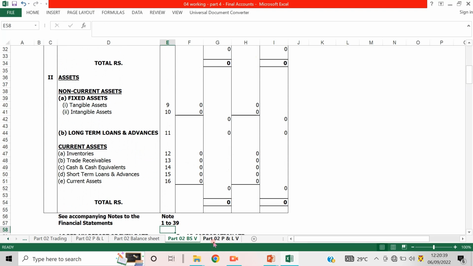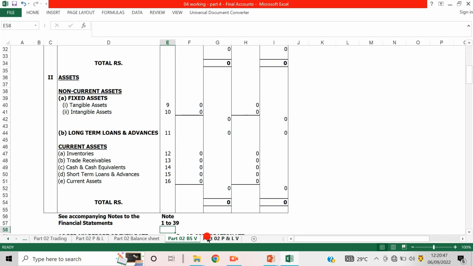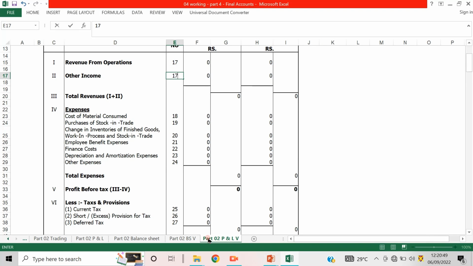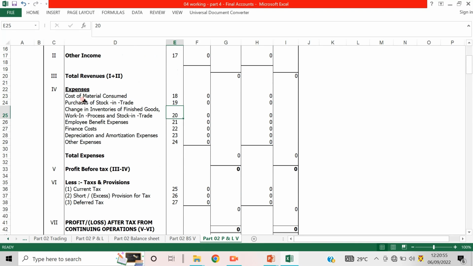I can take it here. Now this is 16 17, 18 19 20 21 22 23, like that it is, means any this can be given.